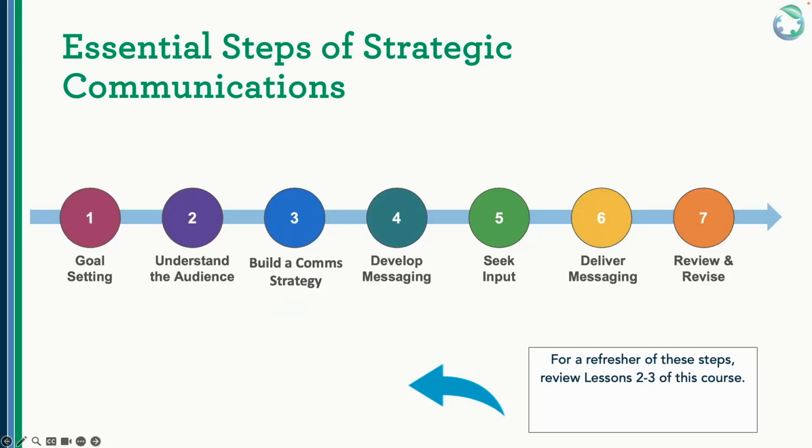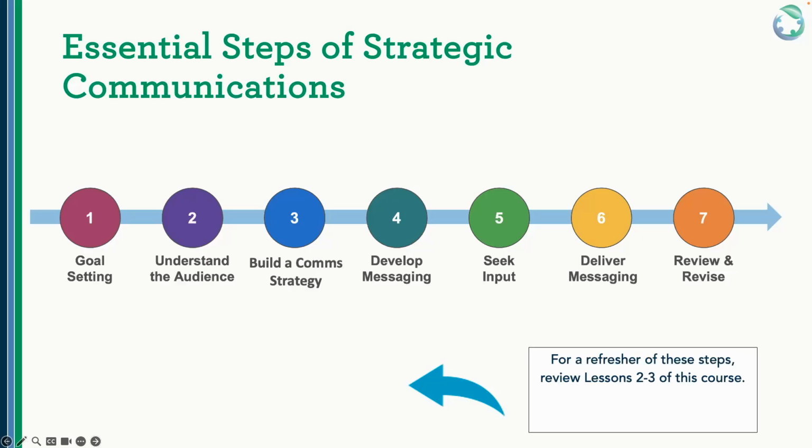In this course, we've introduced a framework with multiple steps. Before we dive into examples of strategies, let's take a moment to revisit this framework. Although these steps are presented in a linear format, in practice, they are nonlinear, continuous, and iterative. Steps 1 through 5, establishing goals, understanding the audience, building a communication strategy, developing the message, and seeking input, require time, trust, and mutual engagement.